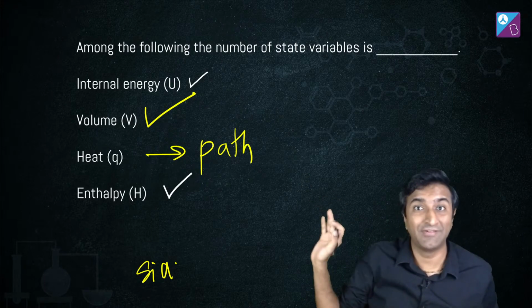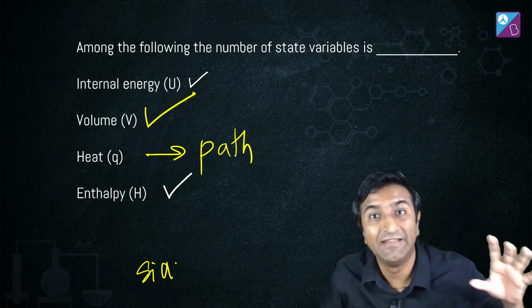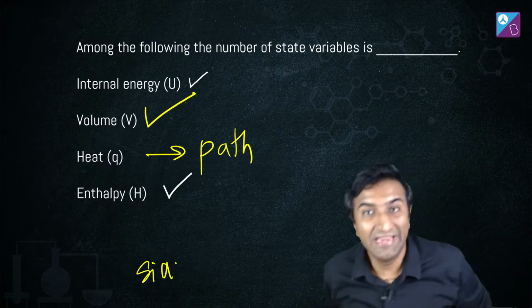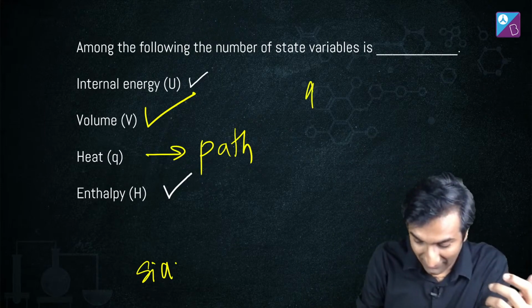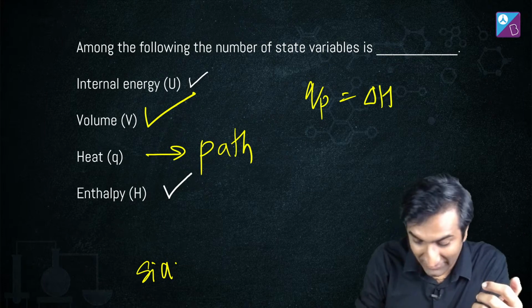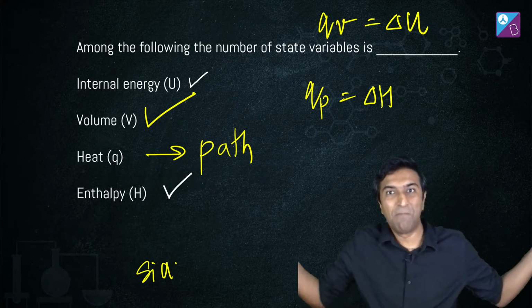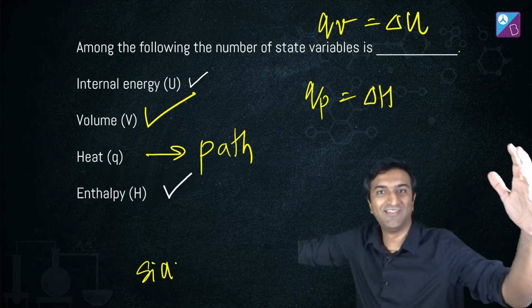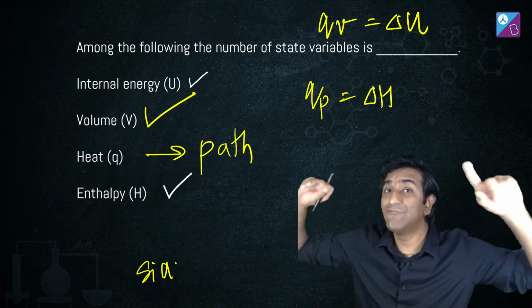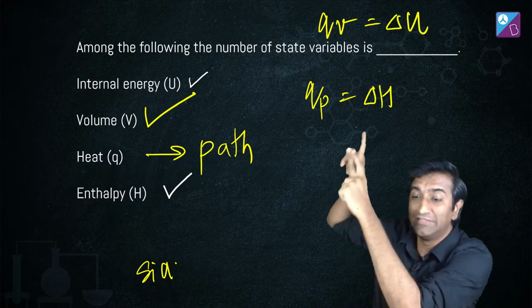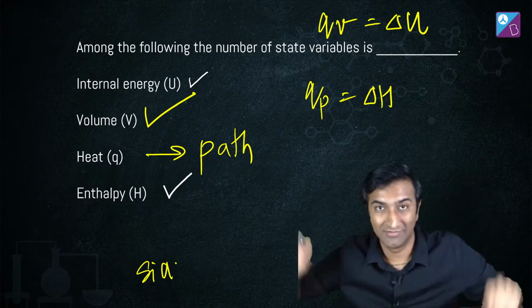In the first 10 minutes I spent explaining just how heat is a path function. Because heat at constant pressure is equal to delta H, and heat at constant volume is equal to delta U. Different paths, different values. It so happens that they give you a different state function, which is these two. But heat is not a state function.